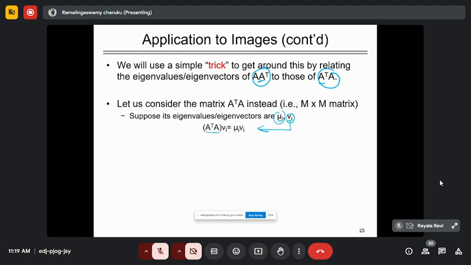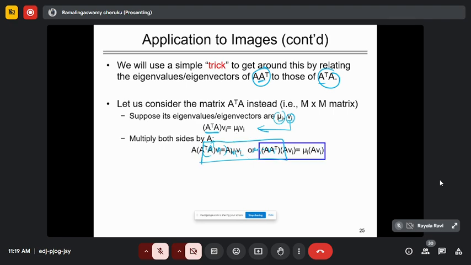So this is our sigma x. Sigma x is equal to A transpose A, and the eigenvalue is mu i, which has to multiply with the eigenvector. So this is my characteristic equation.